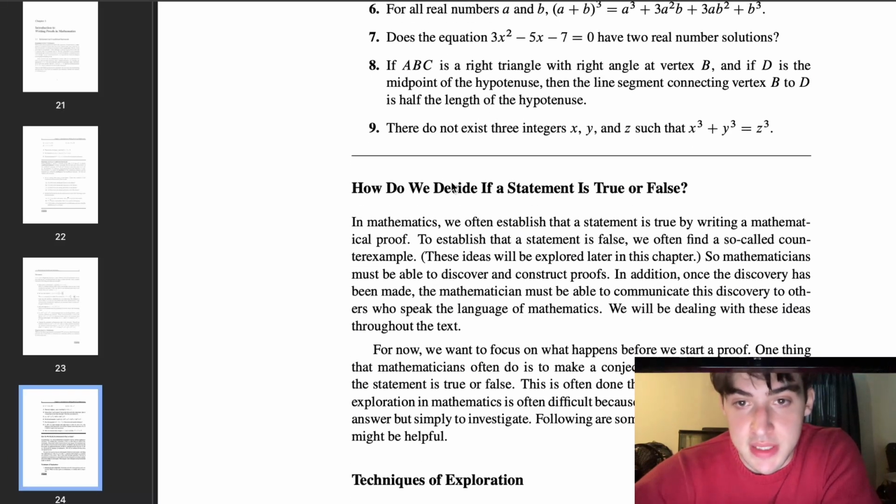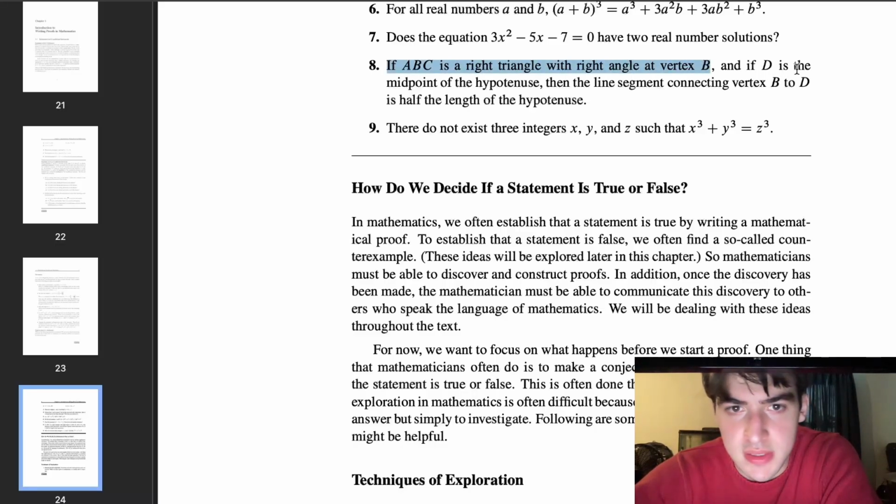Hold up. Let me get a more decent grip on this. You have a right angle at vertex B. D is the midpoint of the hypotenuse. Then the line segment connecting vertex B to D is half the length of the hypotenuse. Yeah, I would say that's a statement.